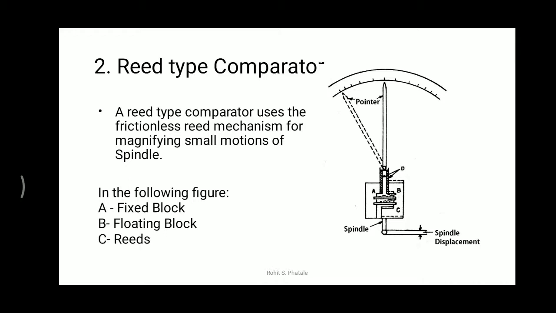As the spindle displaces up and down, the displacement is fed to the reeds, and those reeds are in contact with the floating block B. So the displacement traced by the spindle is given to the reeds, and those reeds give the same displacement to the floating block.